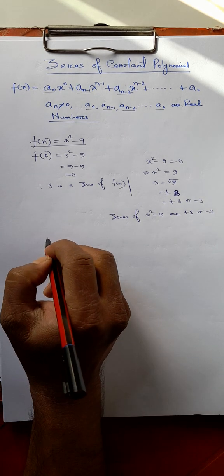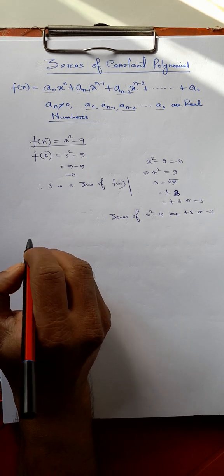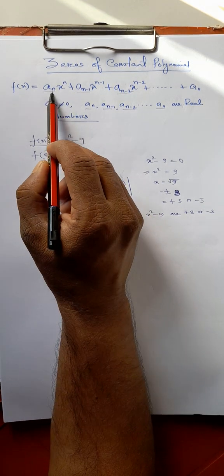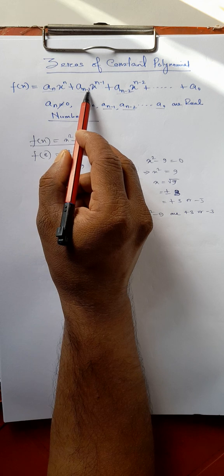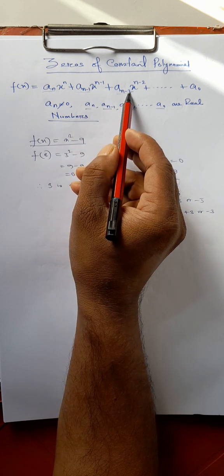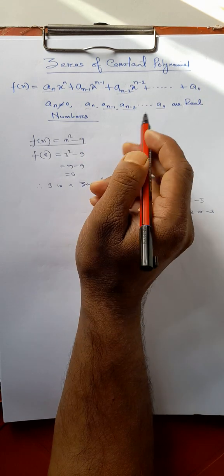Now, let's define constant polynomial. What is a constant polynomial? Now, if a_n = 0, a_(n-1) = 0, a_(n-2) = 0, except a_0 not equal to 0.